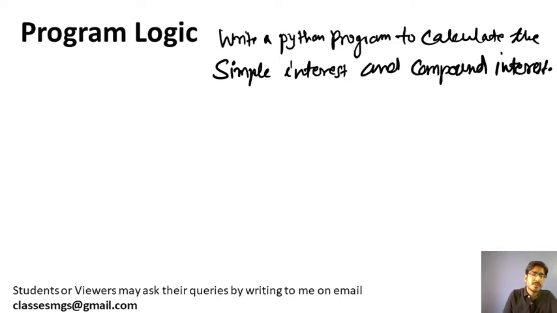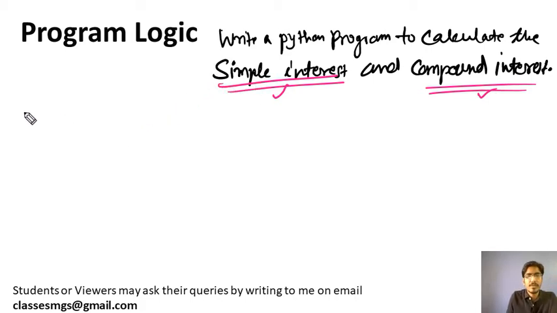So first, to solve this problem you should know the terms simple interest and compound interest. If you know the terms simple and compound interest, then only you can solve this problem using a Python program.